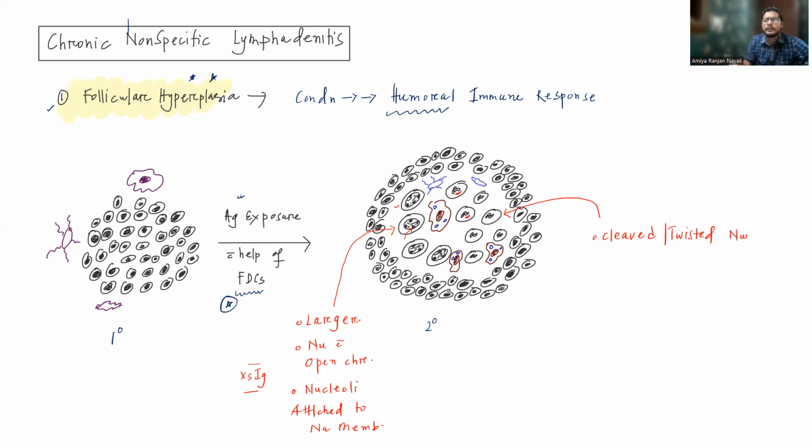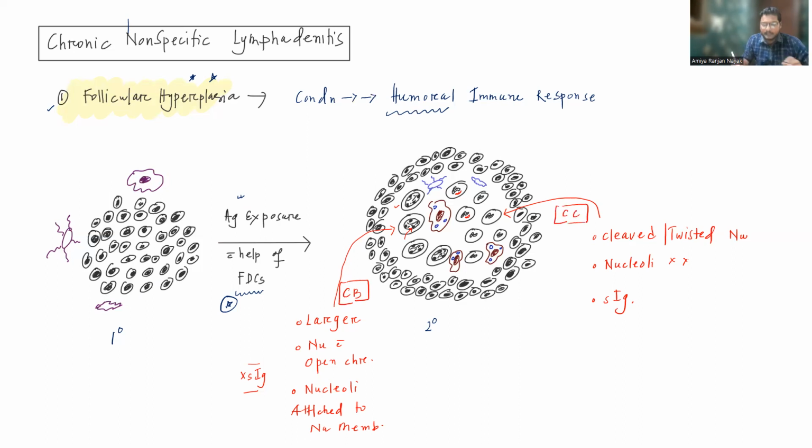And nucleoli are not that prominent as compared to the centroblast. And of course, they will present the surface immunoglobulins. So in the germinal center, you are going to find the centroblasts and the centrocytes. These are the centroblasts and these are the centrocytes.